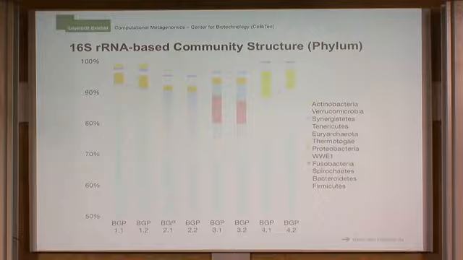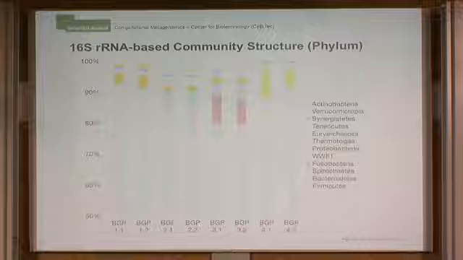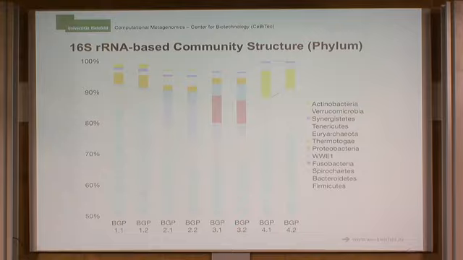Note the scale of the y-axis here. It starts with 50% here. So most of the microbes in here are actually firmicutes, like 85% in this case. And what you also see is the technical replicates look pretty similar, which is nice. And there are differences in the plants.